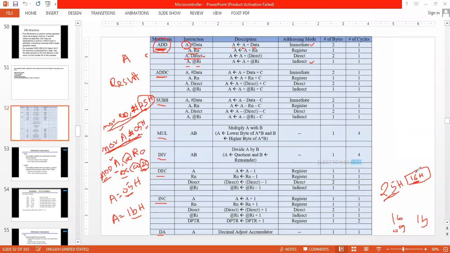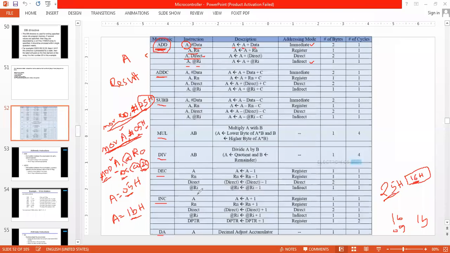So this data plus 05H is again going to be 1BH. That is why I'm not writing it here as a hash. It is at R0. Have you understood indirect addressing mode now? The data which is present in the register Ri is considered as an address, a memory location.